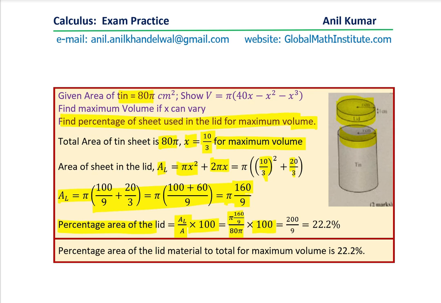So we get 2 times 100 as 200 divided by 9. And so it's 22.2%. So that is the percentage of lid material to total for maximum volume, and it is 22.2%. Perfect. So I hope it is absolutely clear.